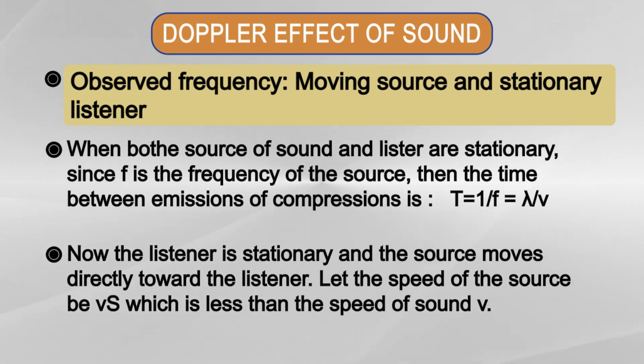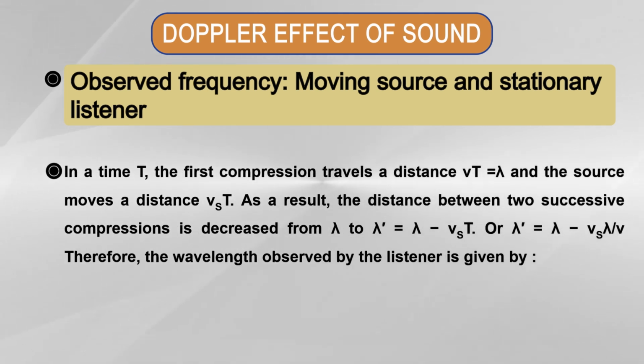Now, the listener is stationary and the source moves directly towards the listener, and the speed of that source is Vs, which is less than the speed V. In the time capital T, the first compression travels the distance V multiplied by T, where V is the speed of sound, and this is equivalent to lambda.